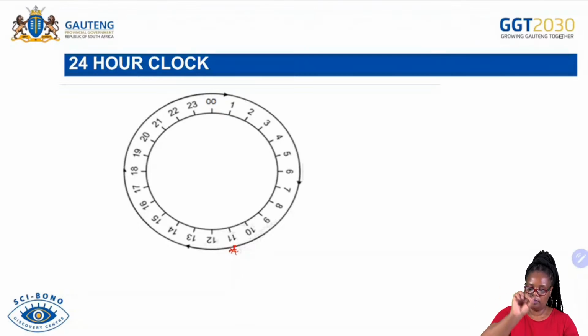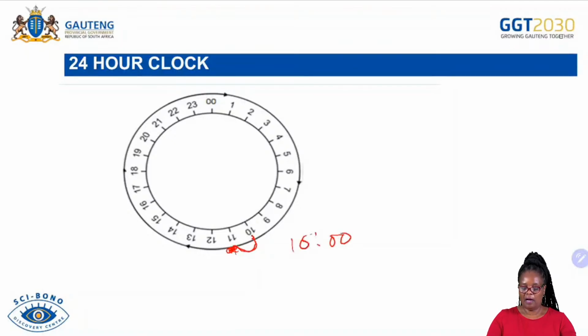When you add, it's clockwise. But when you subtract, when you minus, it's anti-clockwise. Okay? So here we say minus 1 hour time difference. We move from 1100 hours, we just minus 1 hour, and we arrive at 1000 hours.